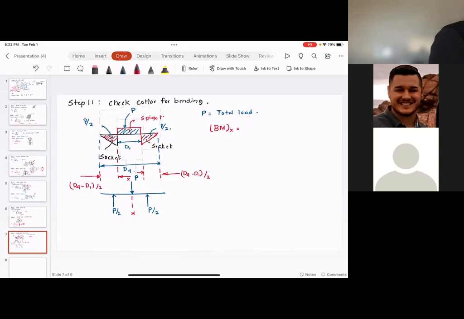I have P by 2 multiplied by this distance, and this distance is going to be half distance, D4 by 2, multiplied by, and this distance is going to be 2/3 from base, so 2/3 from here, minus D4 minus D1 divided by 2 multiplied by 2 by 3.